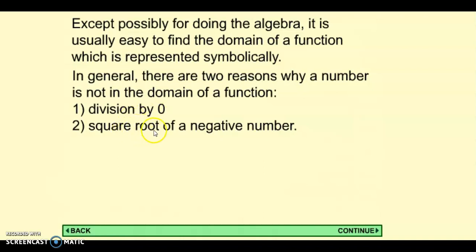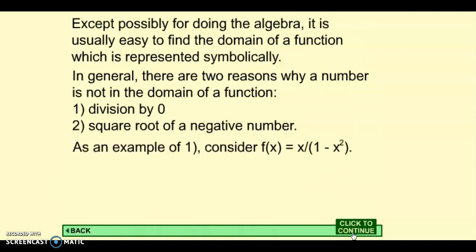Second is square root of a negative number. You can't take the square root of a negative number. If a number gives you a negative answer under the radical, it means that that value for the variable is not part of your solution. It won't be taken as your domain. As an example of the first, consider f of x equals x by 1 minus x squared.